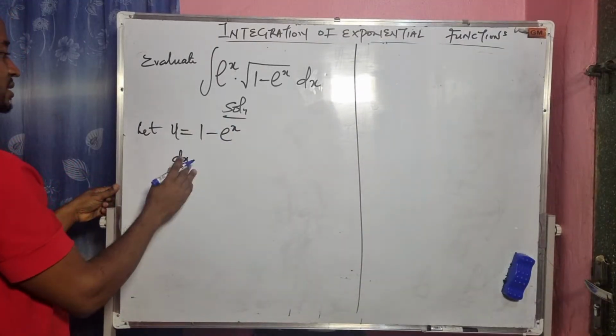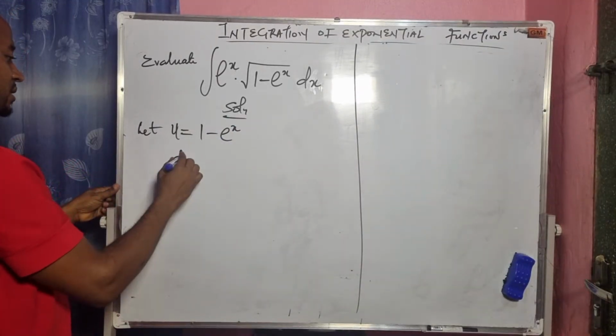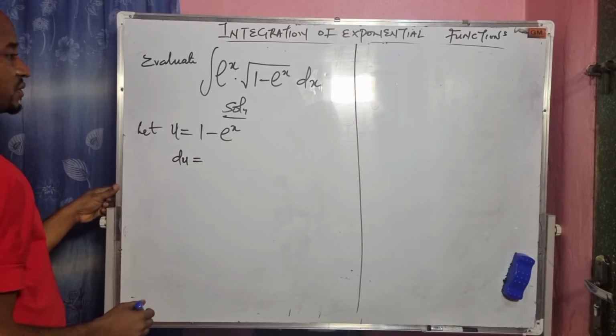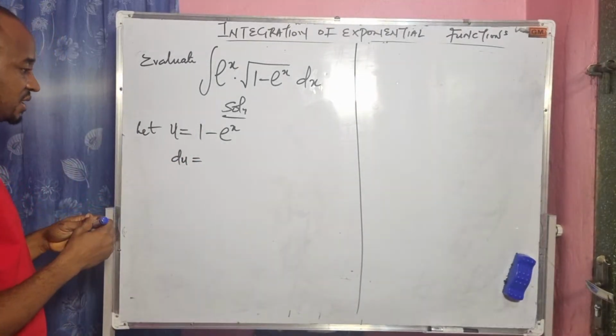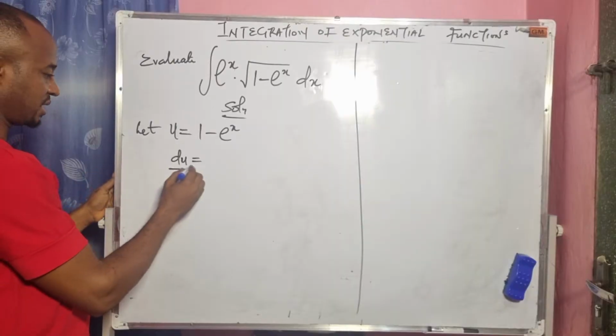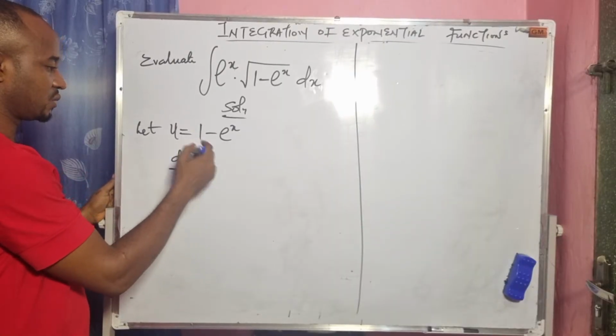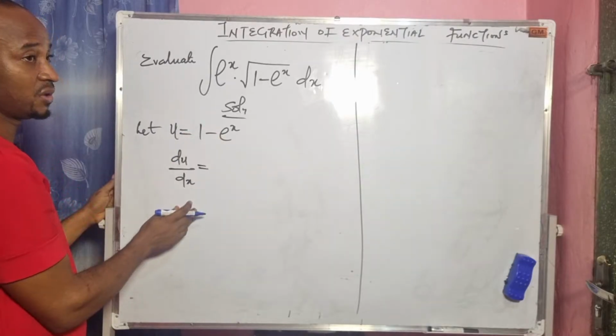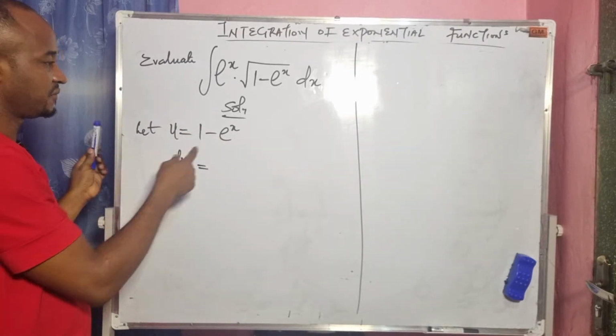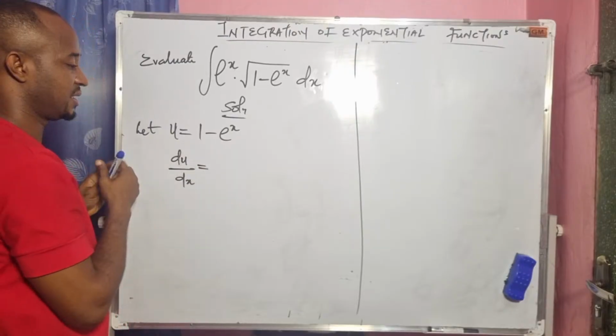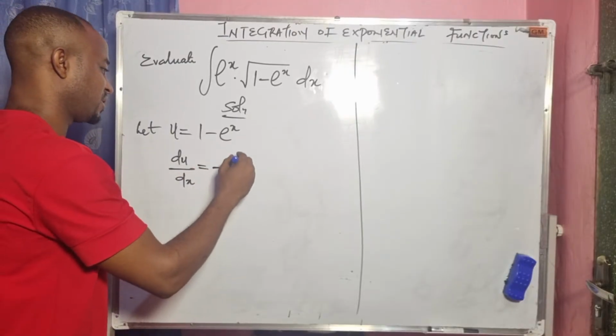So our du, when you differentiate, okay, let me bring it as du dx. When you differentiate 1, we have 0, so this is already off. When you differentiate e^x, the result remains e^x.